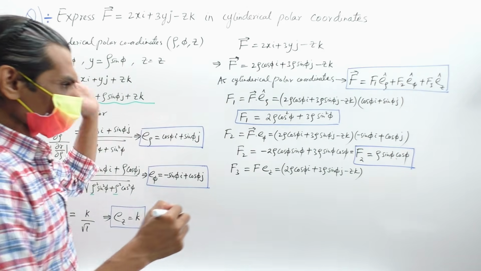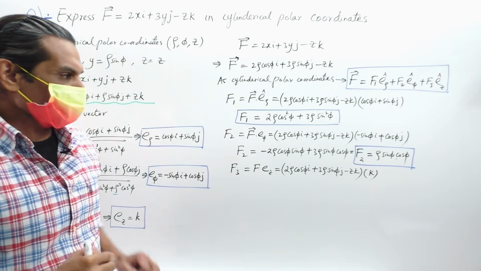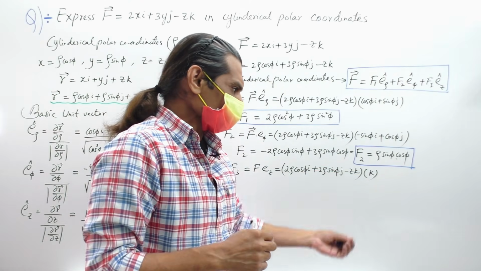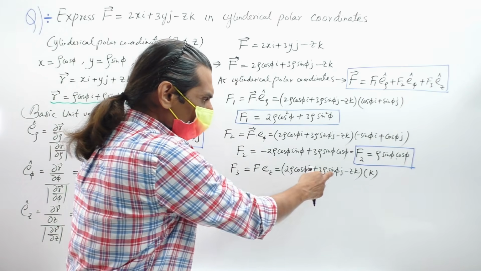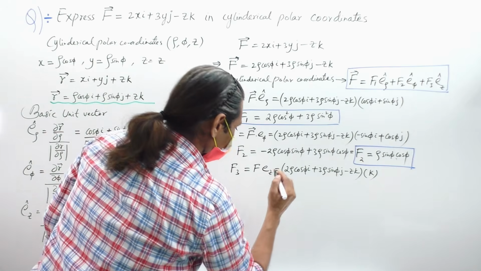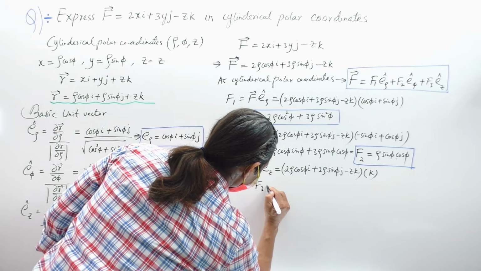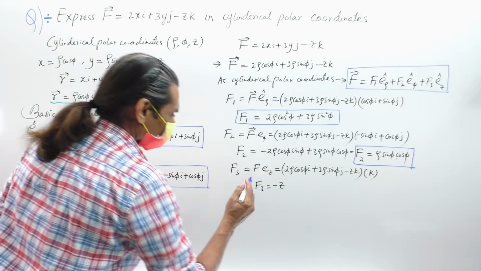What is e_z? Simply k. That means there is no i component, i component 0, j component 0. So there is nothing, so obviously this becomes 0, this becomes 0. Only k·k is 1. So minus z into 1 is minus z. It implies F3 is equal to minus z. So we have F3 also.